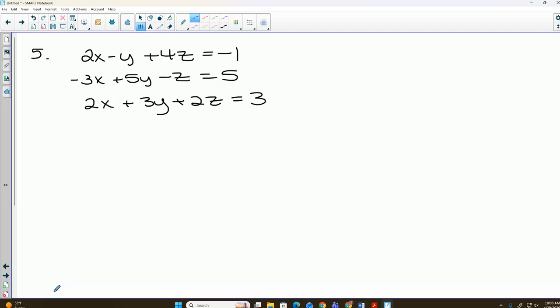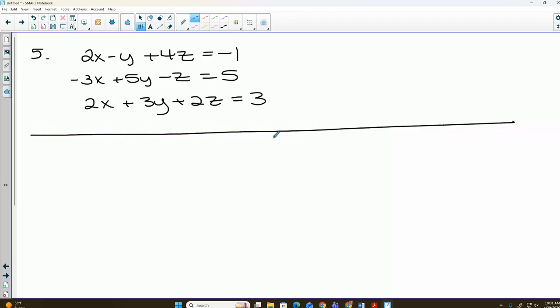So we're going to have to do substitution or elimination repeatedly here. Make sure you keep your work organized. That's really the biggest problem that we saw with these. So you're going to take 2 equations and eliminate a variable. So if I took the first 2 equations, what variable do you want to eliminate?